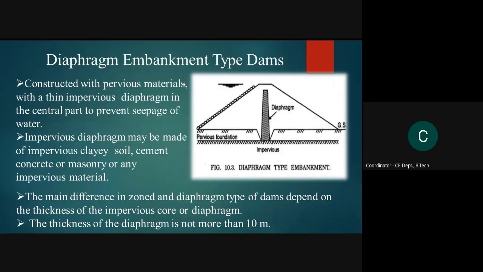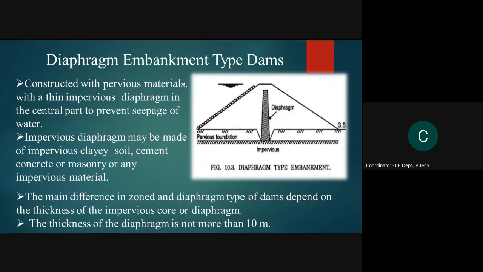Okay, so the next one is the diaphragm embankment type. As for the diaphragm terminology, I think you might have heard about it in our biology classes in class 9 or 10. What is the diaphragm in our body?